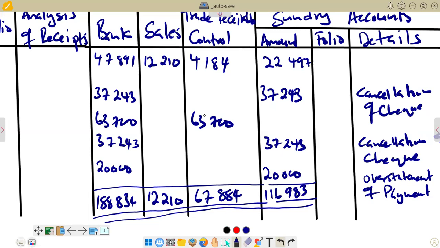So you do the same thing under the cash receipts journal.